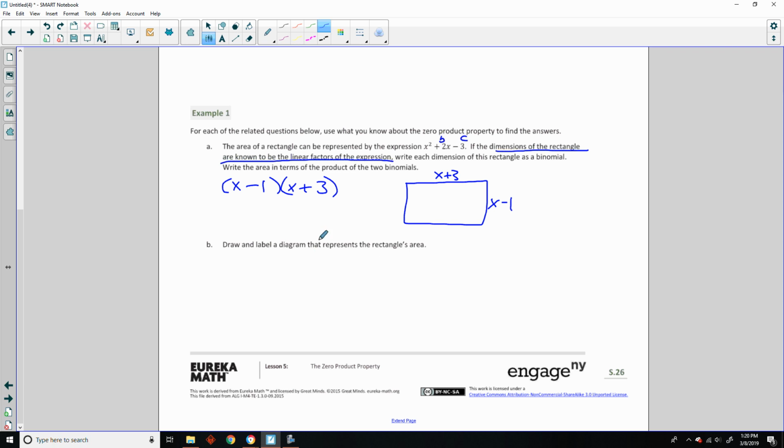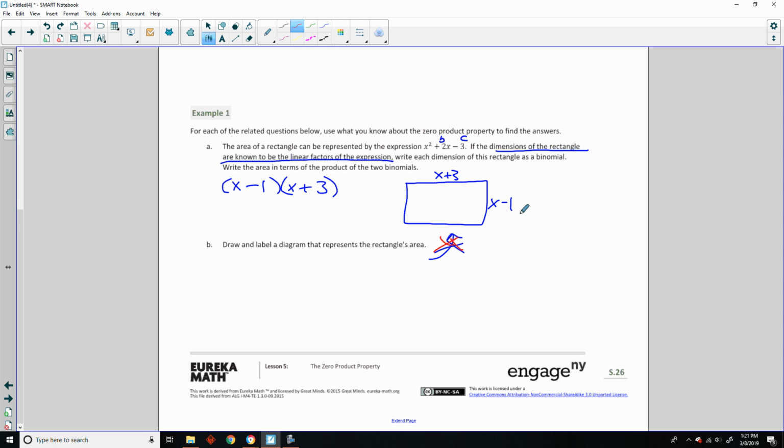It says, draw and label a diagram that represents the rectangle's area. Booyah. Okay, so if we're going to do algebra tiles now for B, I guess that's not what they're asking there. Why did that not turn red? That's better. All right. Draw and label a diagram that represents the rectangle's area.